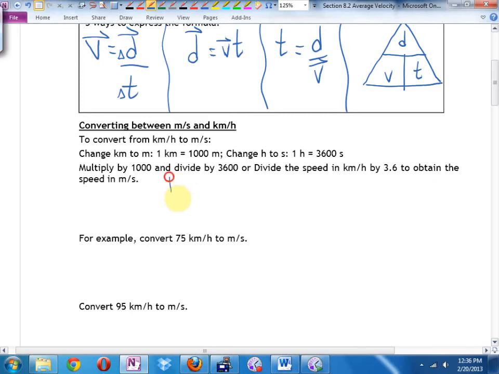If I think of kilometers as bigger, I can sort of think of meters as smaller or below. See that little picture that I drew? To go from kilometers per hour to meters per second, divide by 3.6.